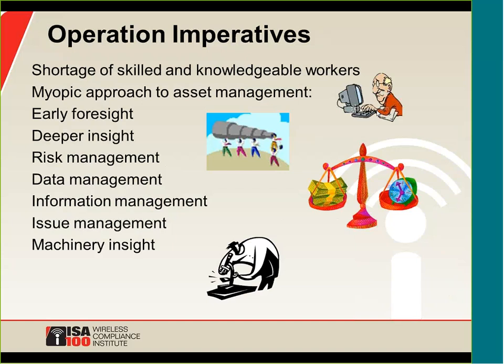Some operational imperatives are dealing with a growing shortage of skilled and knowledgeable workers, lack of standardization and approaches in equipment management, and those certainly drive high life cycle costs. In the ideal world, a common asset management philosophy is a combination of off-site and on-site intelligence.